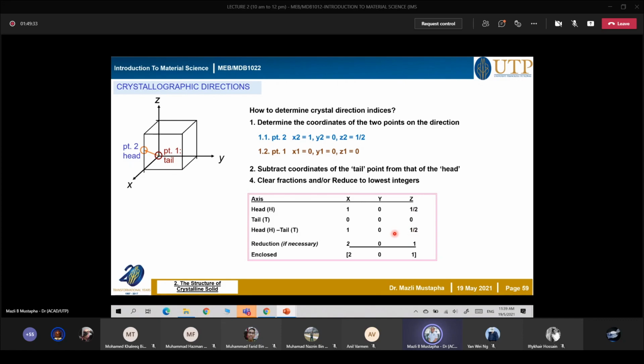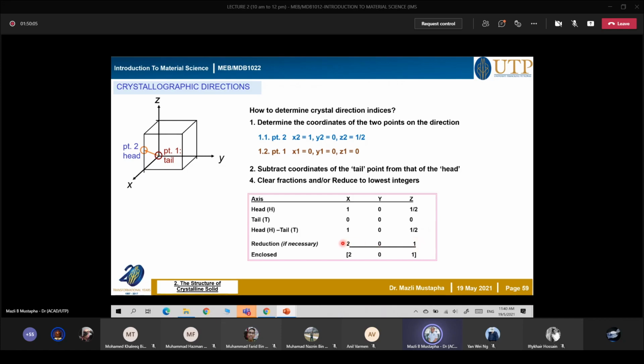As I mentioned, we have to clear the fraction or reduce to the lowest integers. That's why we multiply by 2. Do you agree? I hope that you agree. In order for us to eliminate this fraction, once you multiply by 2, 1 times 2 is 2, 0 times 2 is 0, half times 2 is 1.